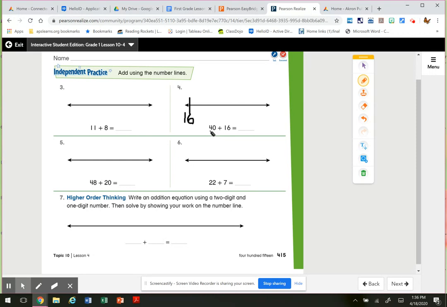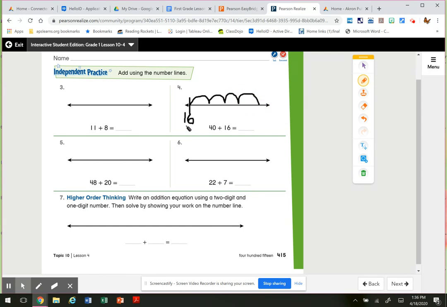So I know I can count by tens because it ends with a 0, and it starts with the number 4. So that's how many hops I'm going to make. 1, 2, 3, 4. I go back and number them.